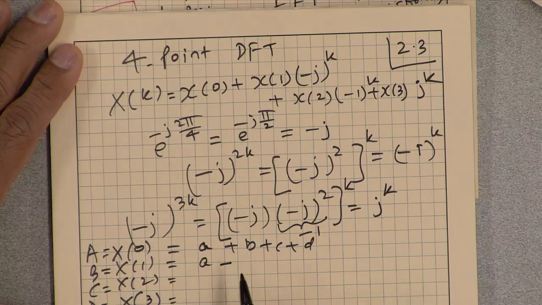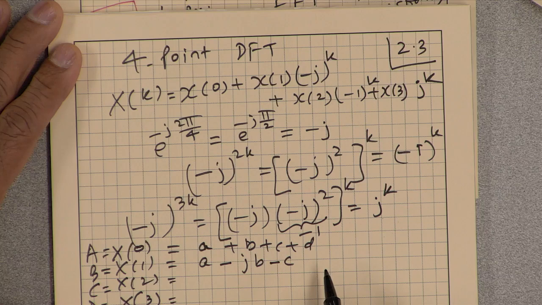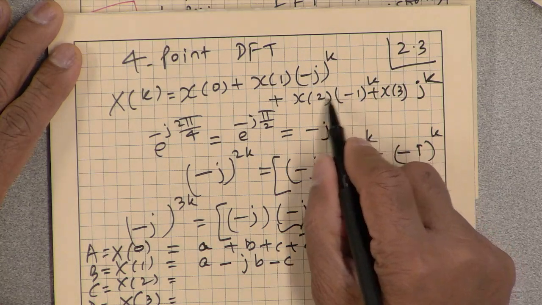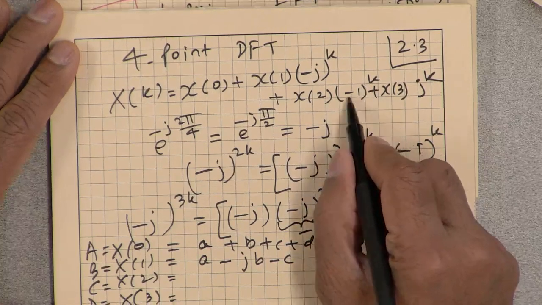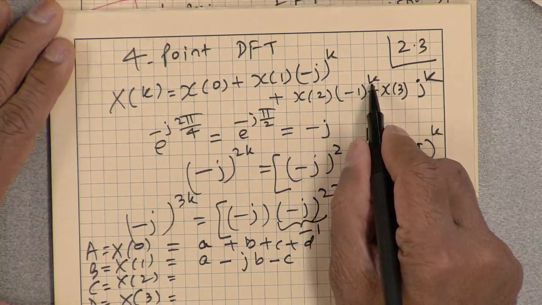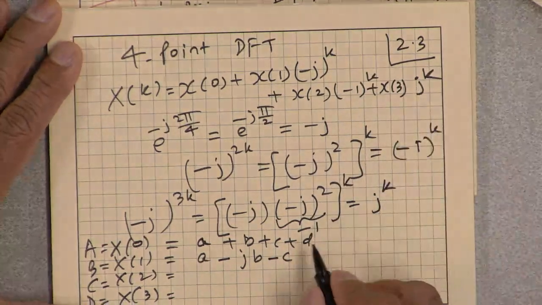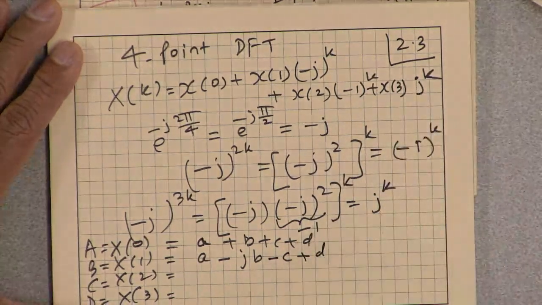That's A, minus j to the power 1 is minus j times B, minus j raised to the power 2 is minus 1 times C, and j to the power 1 is j, so plus jD, okay.